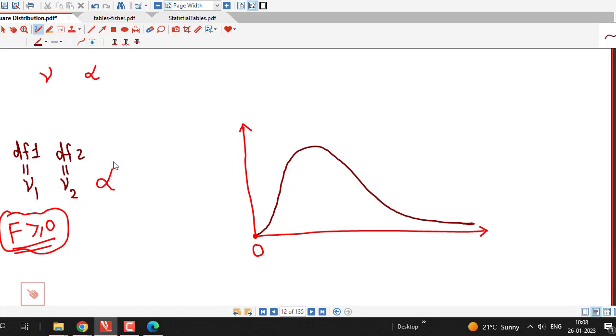To use the F table, we will require level of significance alpha, numerator degrees of freedom and denominator degrees of freedom.